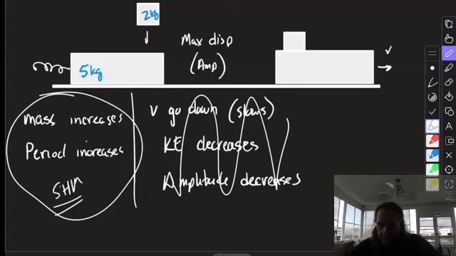The energy is the same because all the energy is in the form of elastic potential energy, and that's not based on the mass. So the mass increases, the period suddenly increases. The Vmax will go down, but not by the same amount. It'll be different.